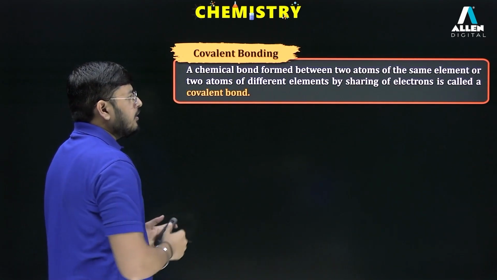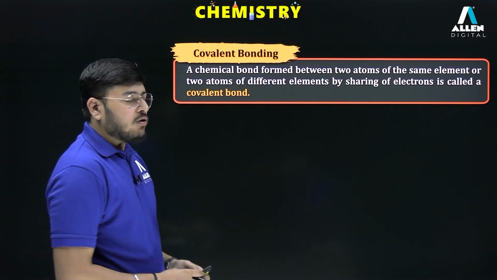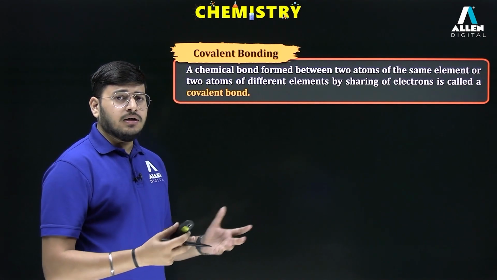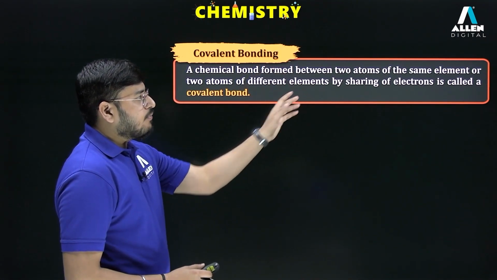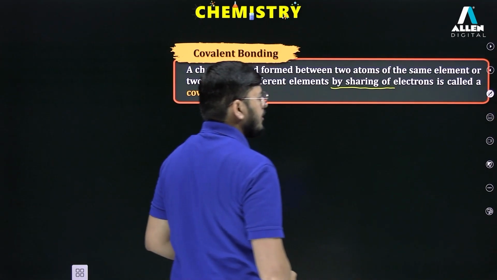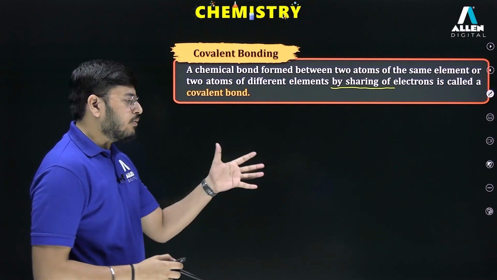It is a chemical bond formed between two atoms, which could be of the same element or of different elements, by the sharing of electrons. Sharing of electrons is called covalent bonding.